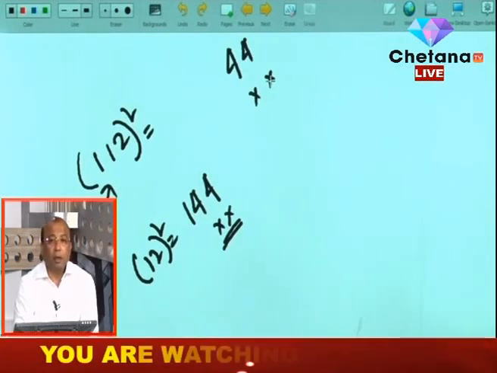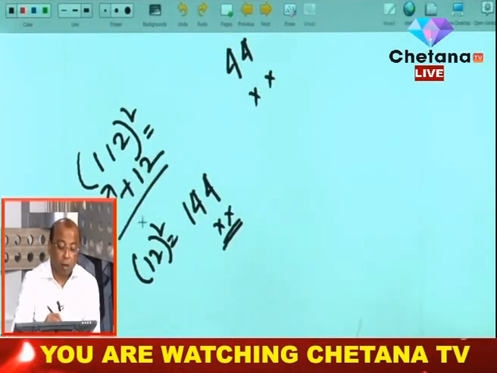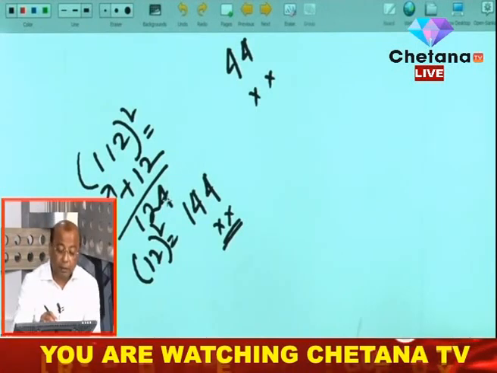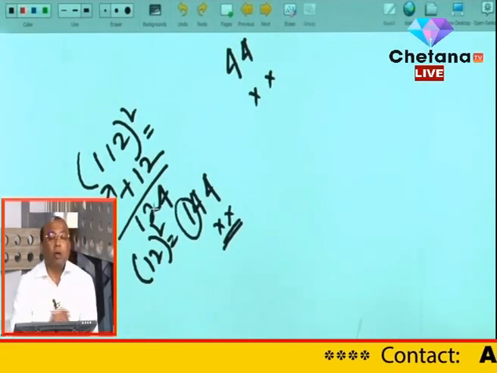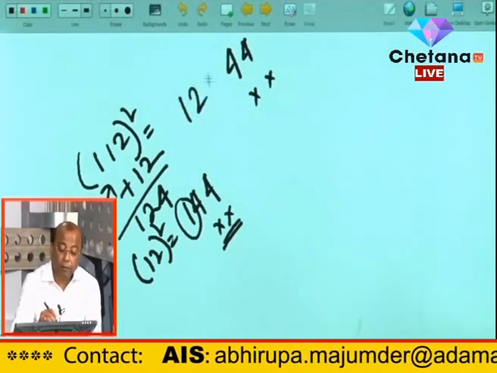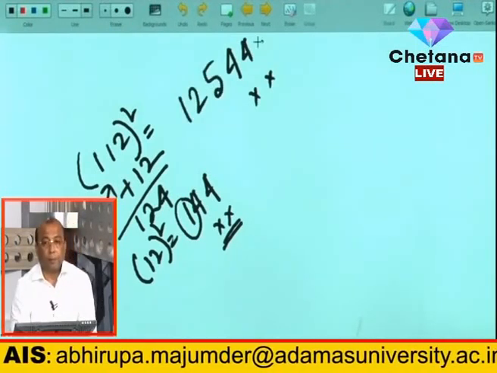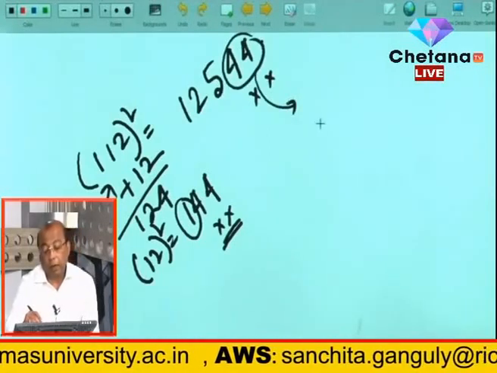The original number 112 plus extra 12, 124. And there is 1 in hand, that is 1. So we have to add this 1 to 124. So 124 plus 1, 125. This is the answer.